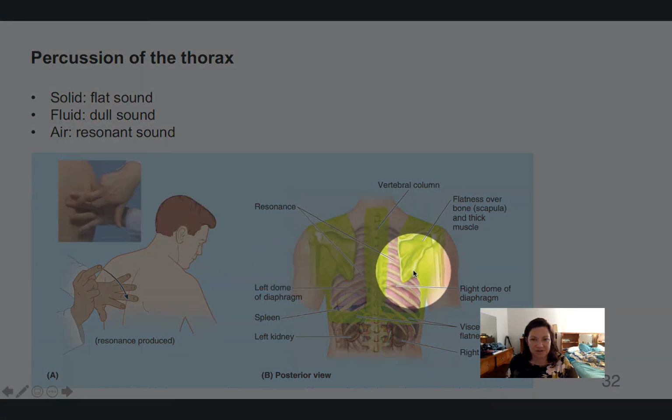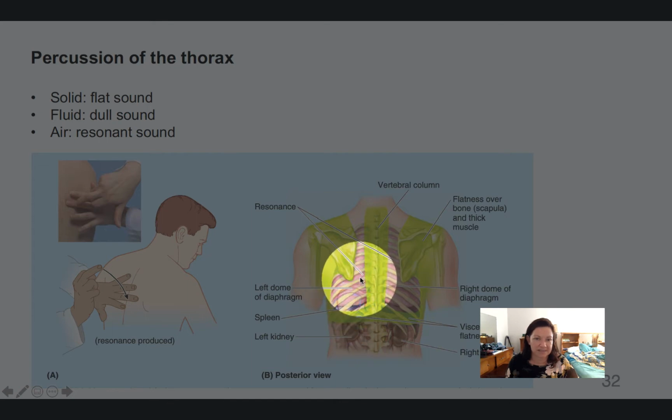In a posterior view, this is the zone of percussion, where you can hear resonance in the pleural cavities. As makes sense, it's between all of the bones except the ribs, so missing the scapulae and the vertebrae, and above, or rostral to, the level of the 12th thoracic vertebra.